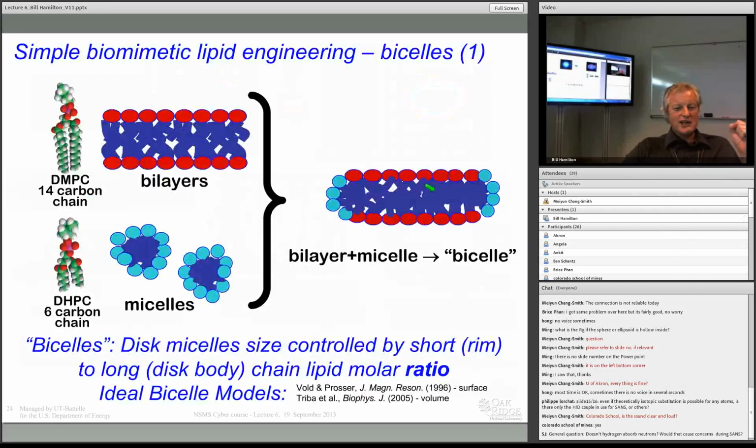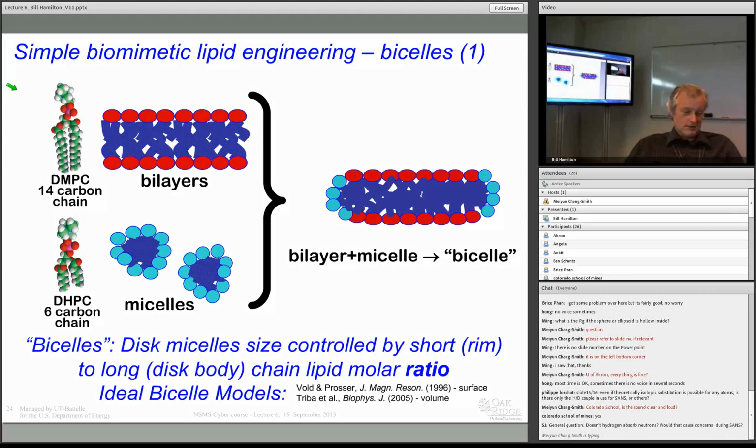So I'm going to bring myself into the story here. A few years ago, I decided to do a little bit of biological engineering with lipids. A lipid is the oily salt that makes up most of your cell membrane.